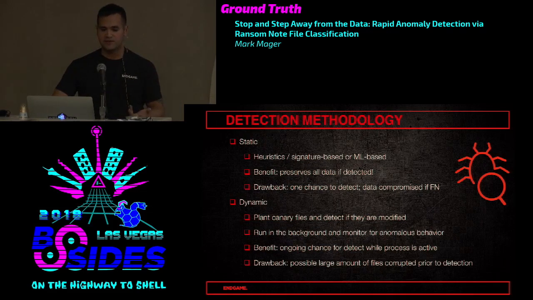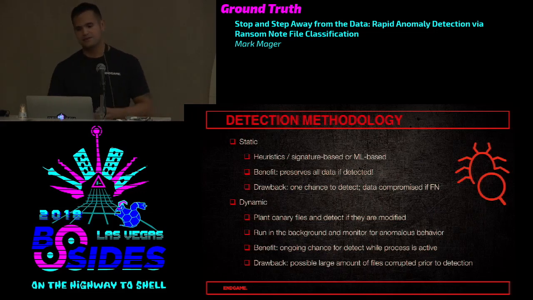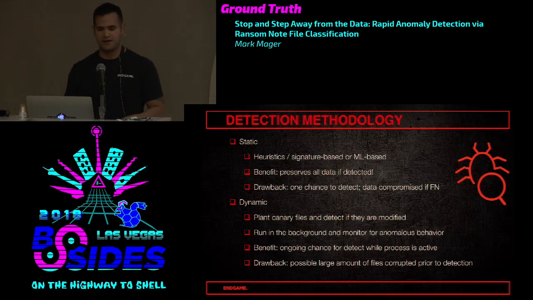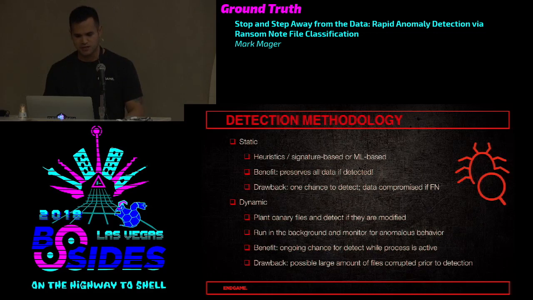The benefit to those, obviously, is that all data is preserved and no code is executed. But the drawback is that if you do miss that detection, then essentially your entire host is open to compromise and all that data is going to be lost in that process.